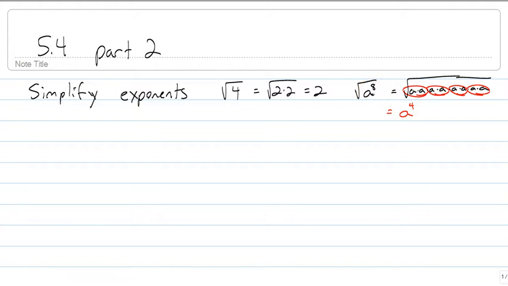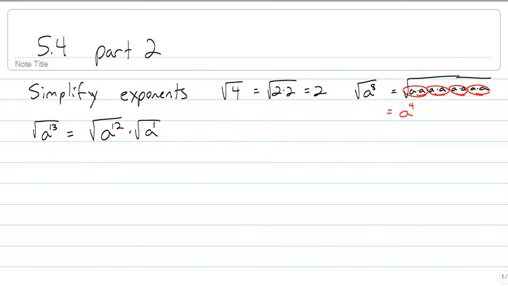Okay? Now, some of you might be wondering, well, what happens if it's an odd number? Because then you don't have perfect pairs. Well, let's look real quick at that. If I have the square root of, I don't know, a to the 13th, you can think of it as getting it down to an even number, a to the 12th, times square root of a to the 1.